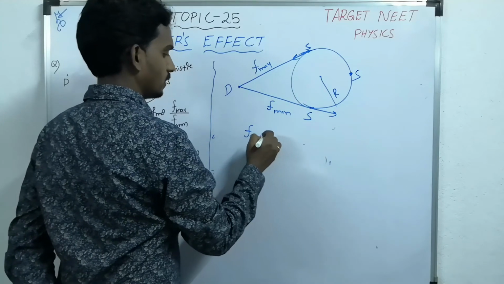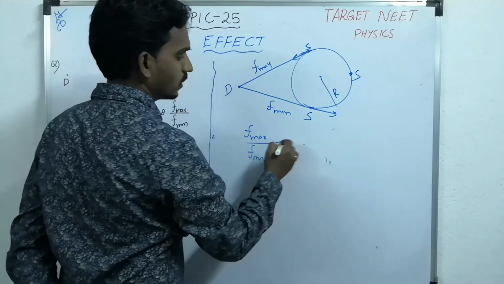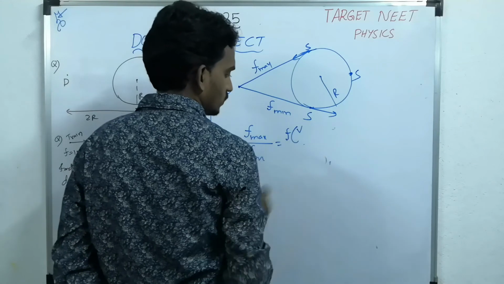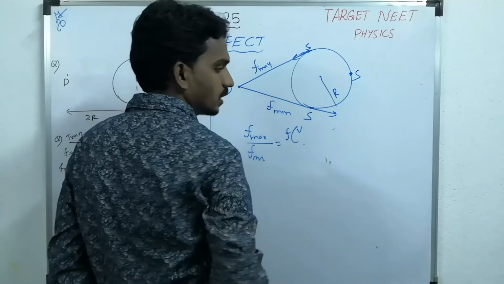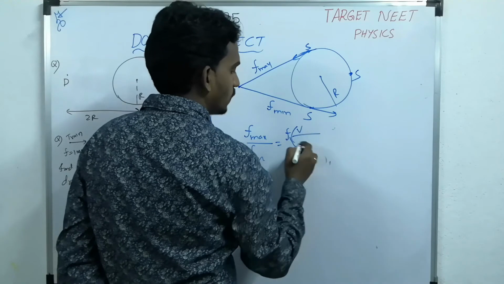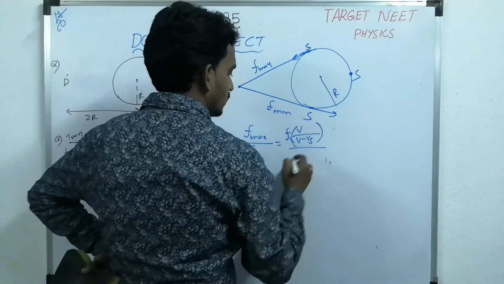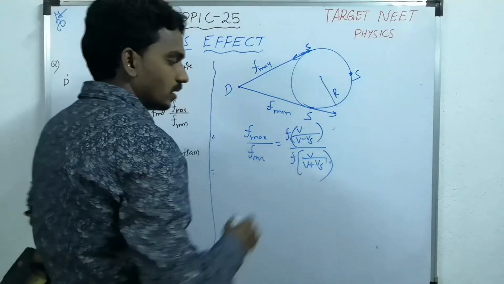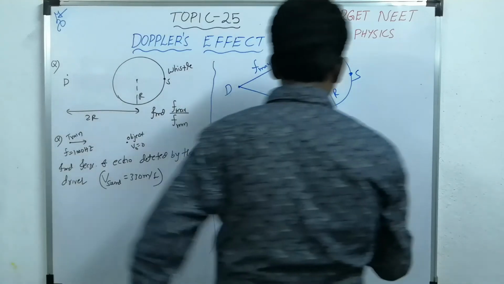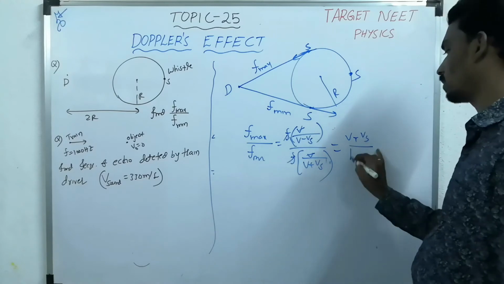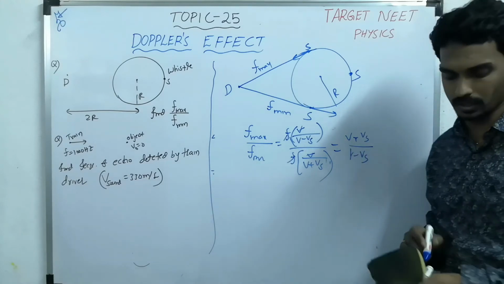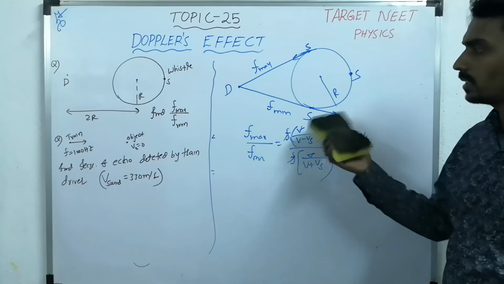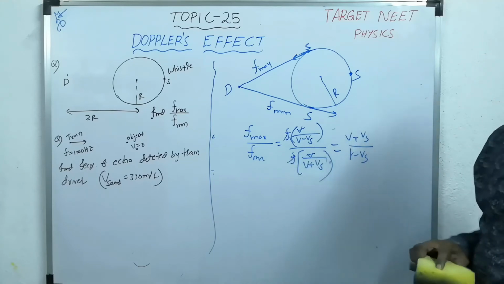What is f maximum by f minimum? f maximum is f into V by V minus Vs, since the observer is at rest, and f minimum is f into V by V plus Vs. The f and V cancel, so it becomes V plus Vs by V minus Vs. This is the way you need to understand and then use the formula we have.